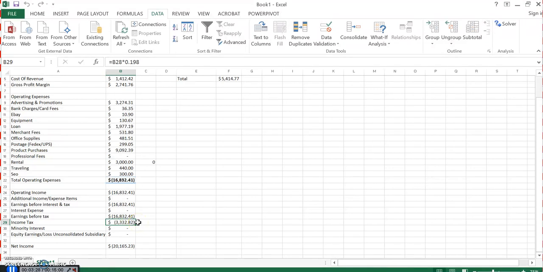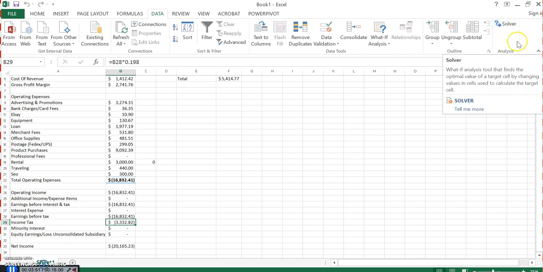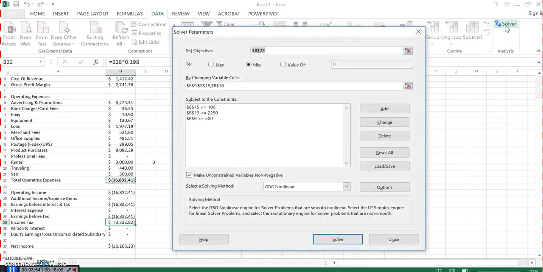So I took earnings before tax and multiplied it by 0.198, and what I was left with was 3332.82. You add earnings before tax as well as income tax, and your net income is negative 2165.23. So now we're going to introduce Solver into this scenario and see what interesting things we could come up with.